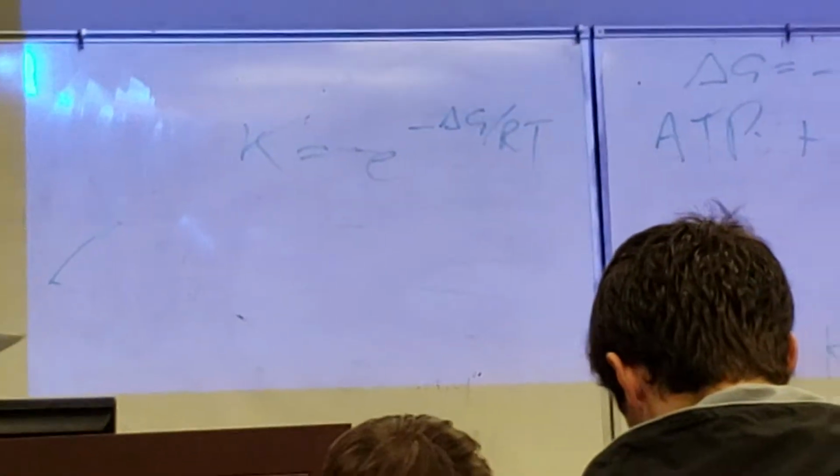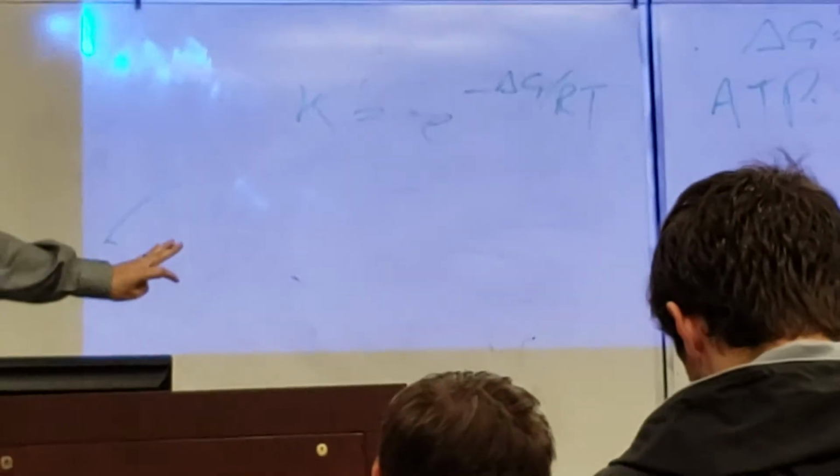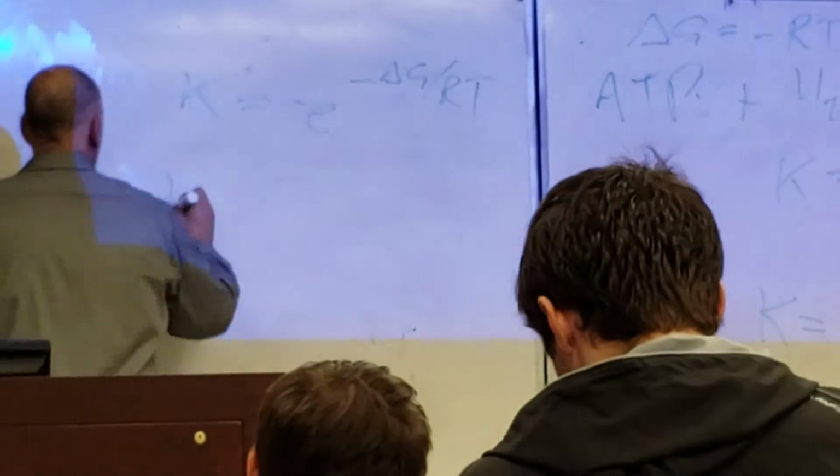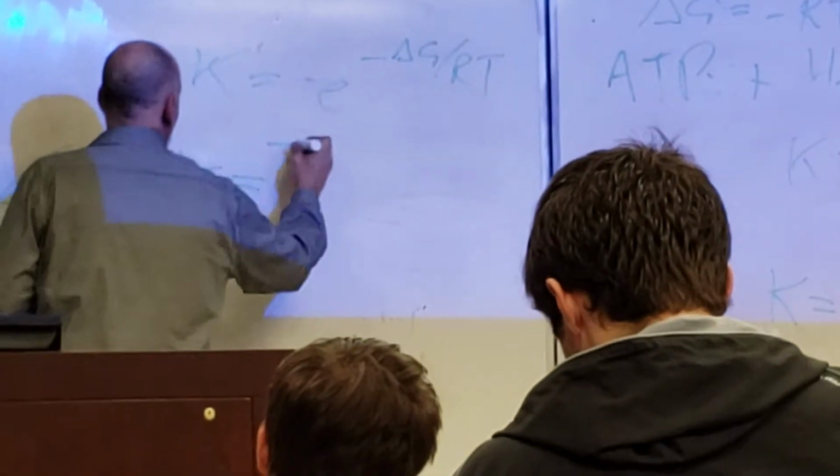So under standard conditions, let's assume nothing about Pi yet. My K is equal to e to the minus ATP hydrolysis, minus 28, over about 2.5.